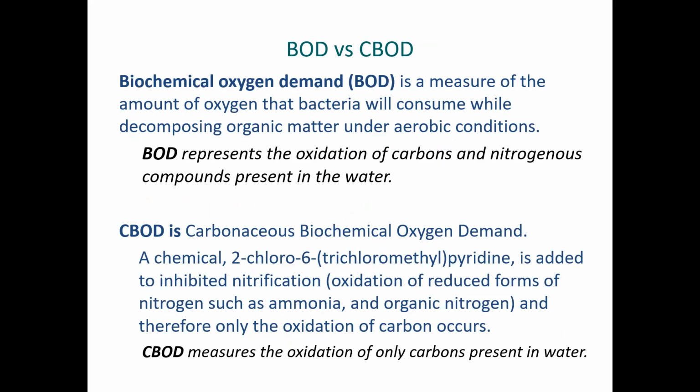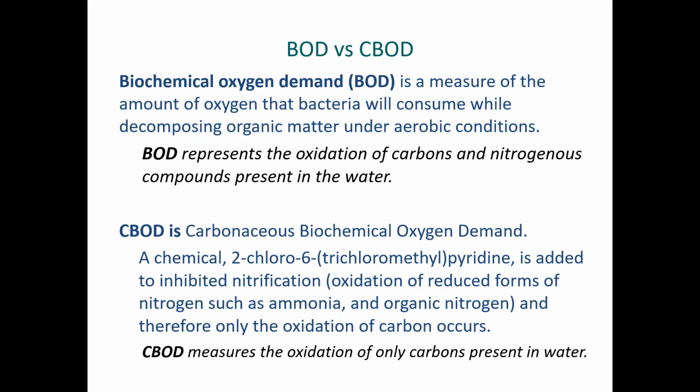Another one that's getting a lot more common at wastewater treatment plants is the CBOD. So C means carbonaceous, sorry. What they do is add a chemical that inhibits the oxidation of non-carbon organics, so it's inhibiting nitrogen oxidation, such as ammonia.